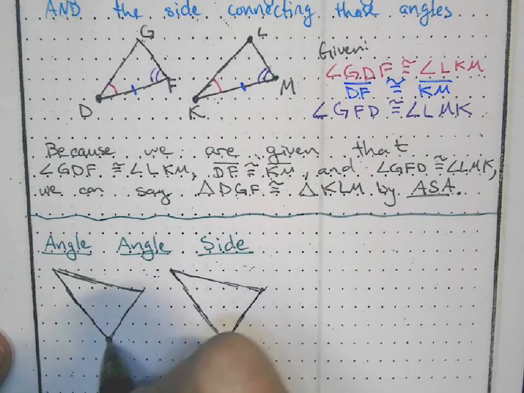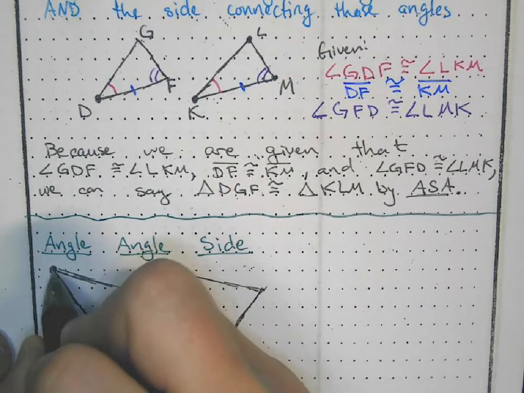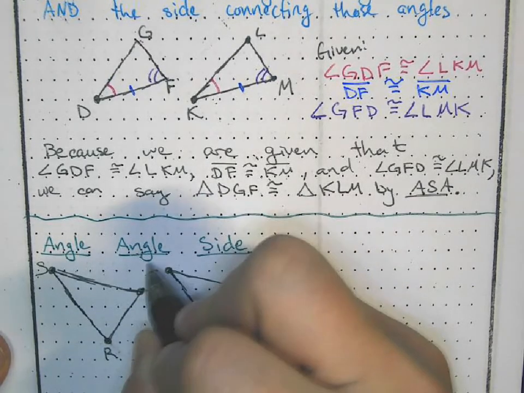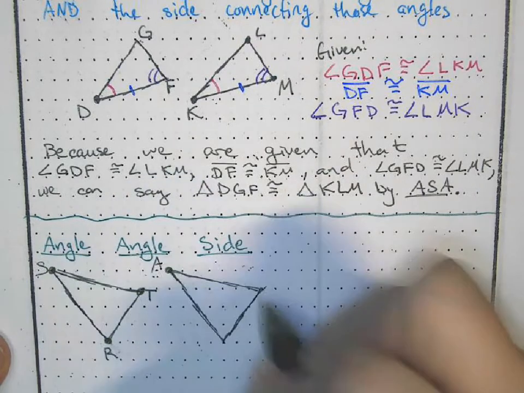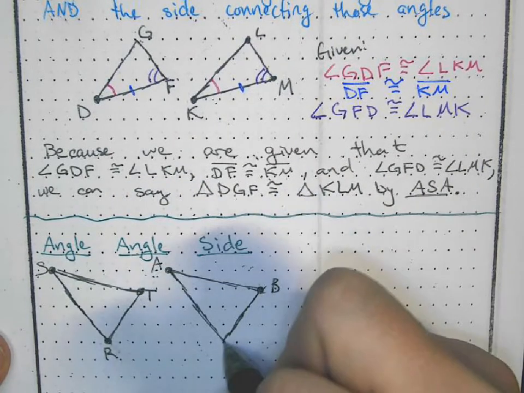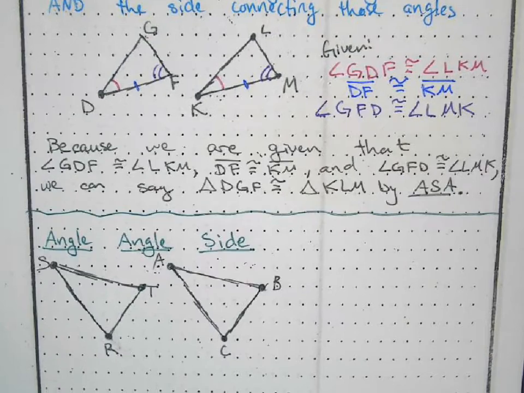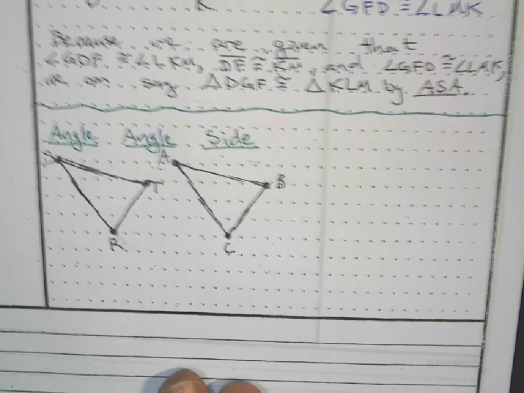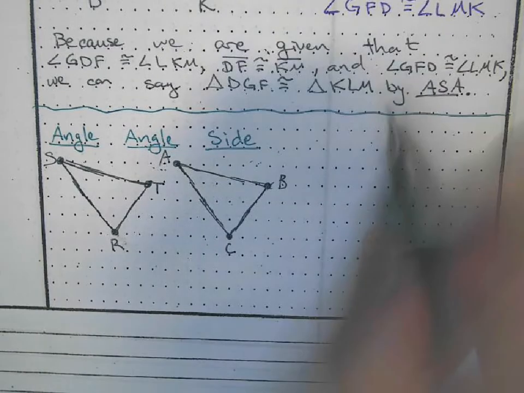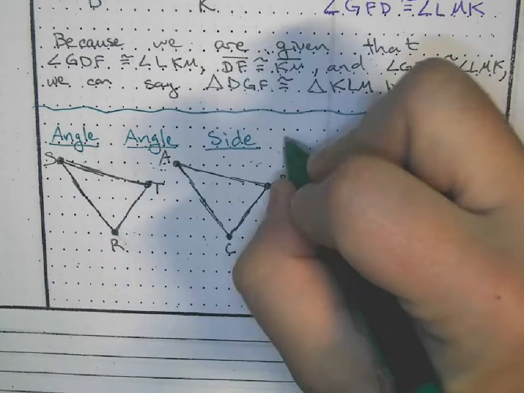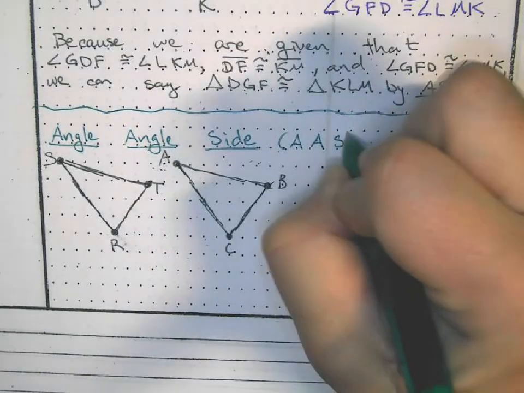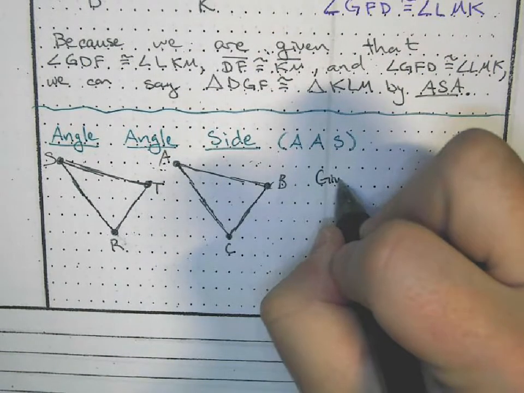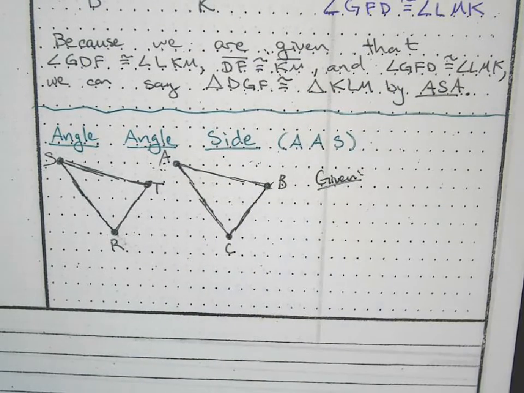Like that. R, S, T, A, C. Okay, so let's look at our given information. And this is angle, angle, side. So given, that means this is how the problem's looking.